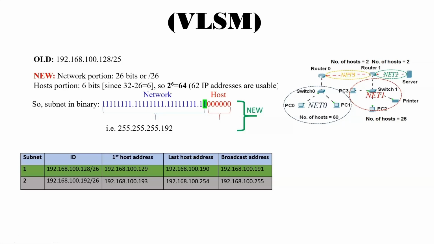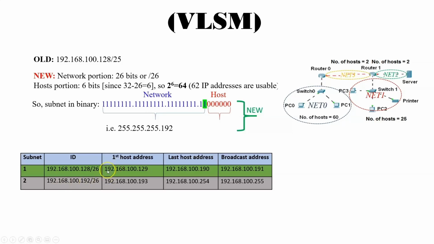Did that make sense? All right. So when it is 0 state, then 1 and then 7 zeros, that is 128, and then 1 1 and 6 zeros, that is 192. So I will have 192.168.100.128 as the network ID, and the second subnet is 192.168.100.192, that's the second subnet.